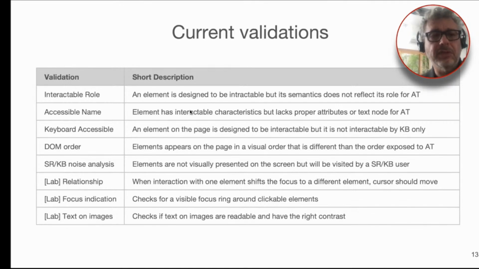The next one is focus indication, which is basically a computer vision based validation that looks at the focus ring of the element and computes how visible it is, or how prominent the addition of the focus ring is on the element. And the last one is text on image, which is basically a color contrast validation that is designed to work on top of a background that is not necessarily constant.